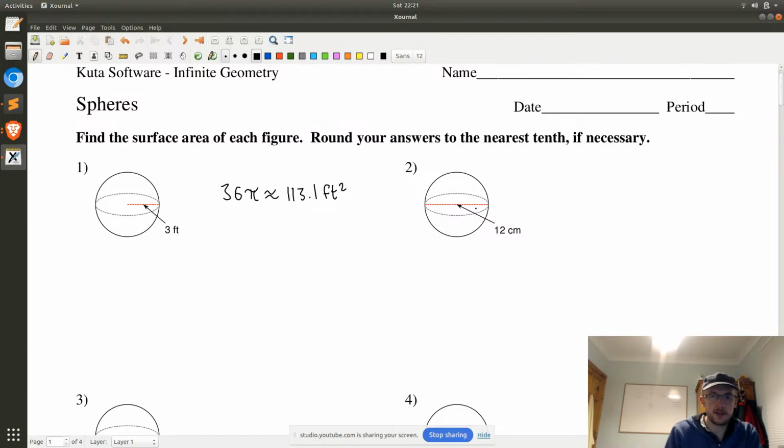In this case, 6, so 36 pi, quadruple that, 144 pi. 452.4 square centimeters.